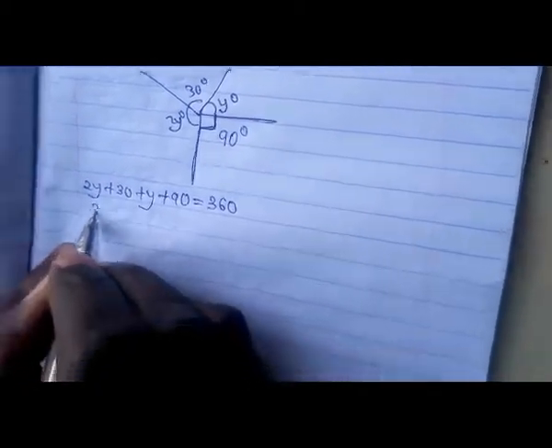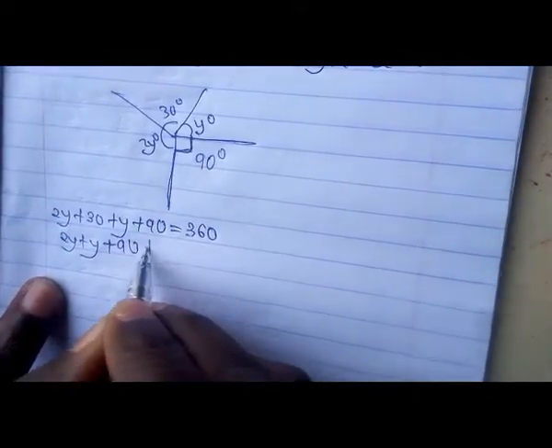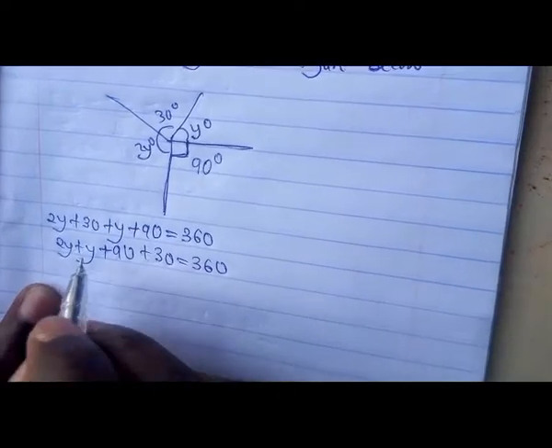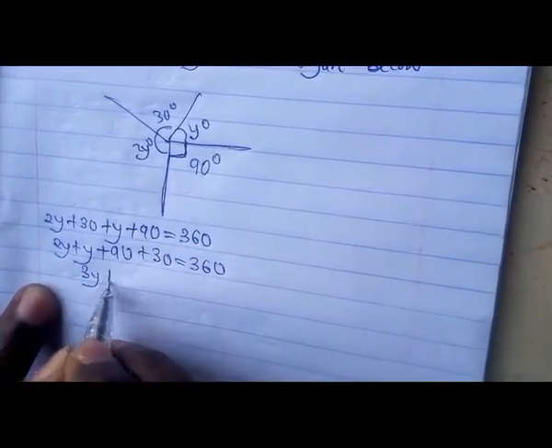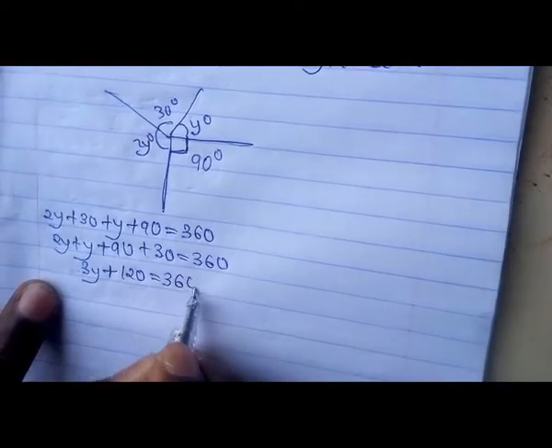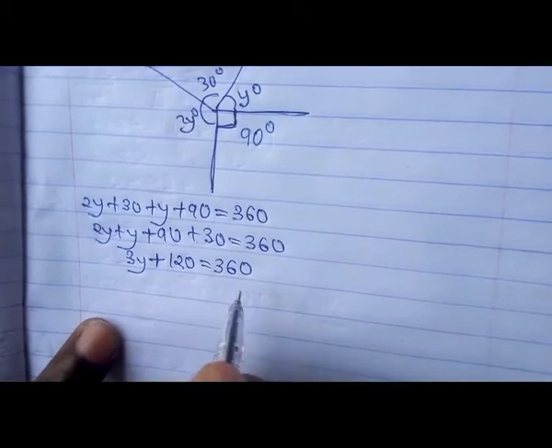Let's rearrange. 2y plus y plus 90 plus 30 equals 360. 2y plus y is 3y. 90 plus 30 is 120, equals 360. Then let me move this one to the other side.